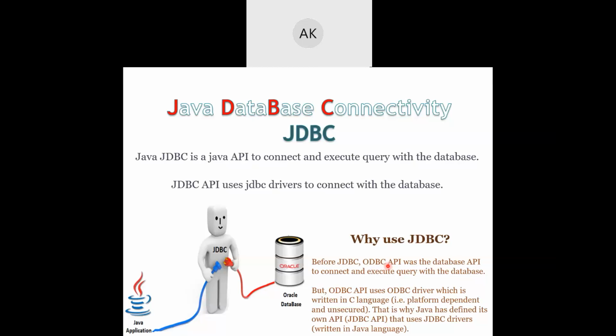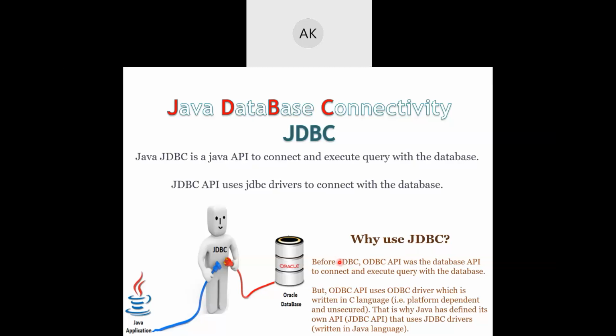So the connectivity was limited, and it was not specialized for the Java language. We needed to interact with ODBC, and ODBC used to interact with some specialized version of Oracle, which then tried to interact with the Oracle database. So this was a lengthier process, right?